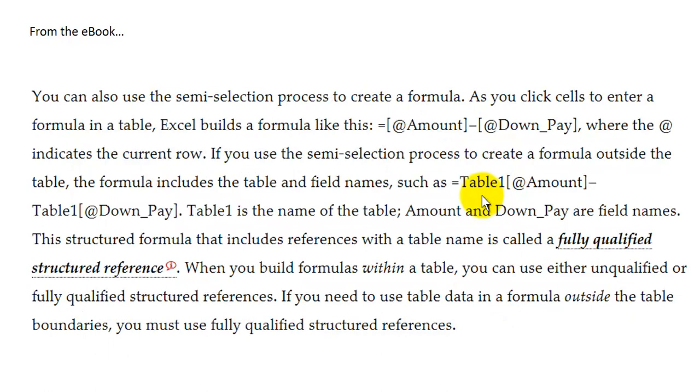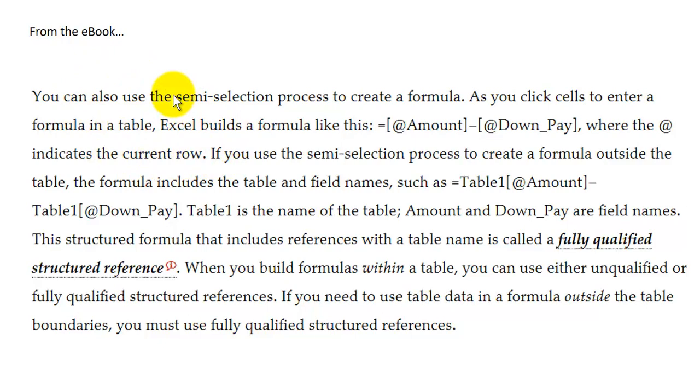Now, let's read just a little bit more, because there was a third term. There was fully qualified, right? Oh my goodness. Well, this is some kind of dense reading, but let's just break this down. It says you can also use a semi-selection process. Whenever you see a word like semi, quasi, half and half, it means partial, right?